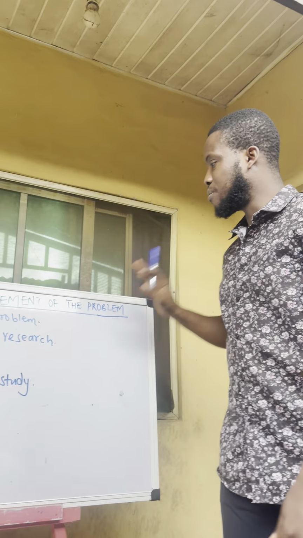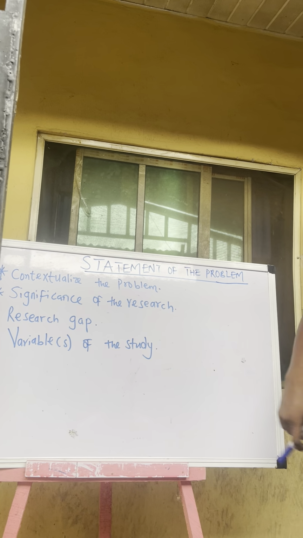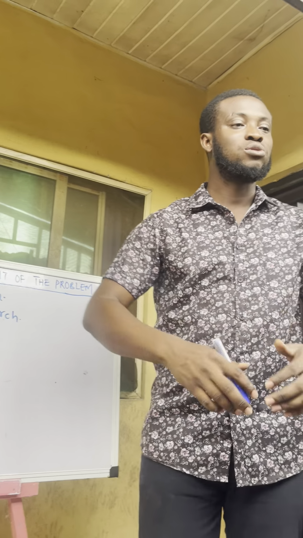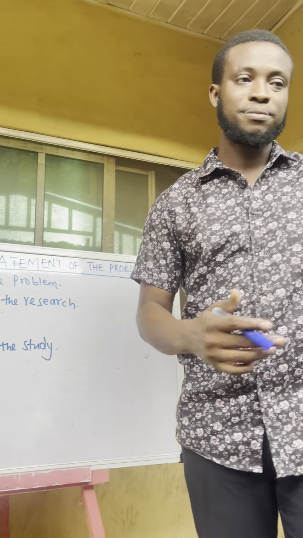So, in terms of the problem, the first thing to do is to conceptualize the problem. What that means is that you have to describe the problem, like you are giving us a preamble of the problem. Some people will call it the general problem. Here you will ask the questions: what is the problem? Who does this problem affect?